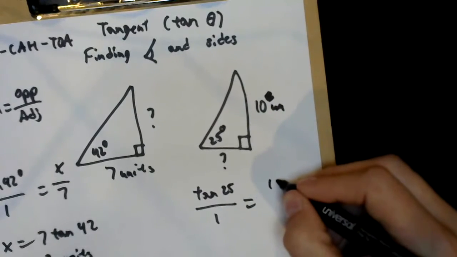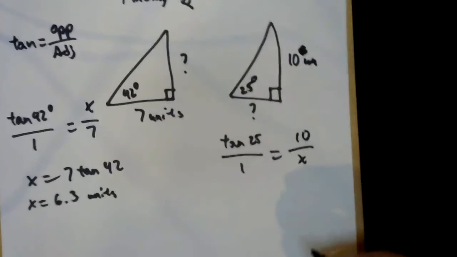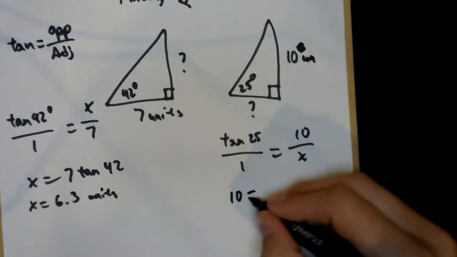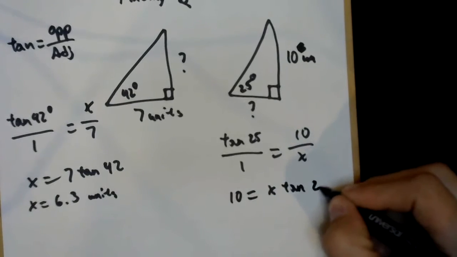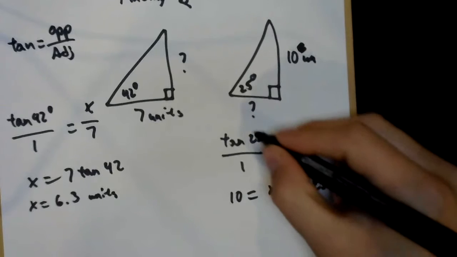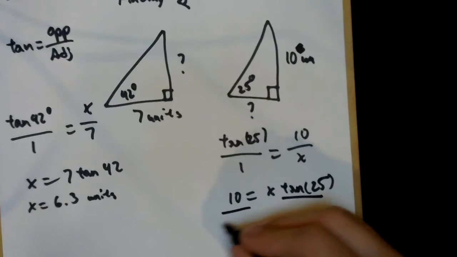So this is opposite over x. Then you cross multiply and say 10 equals x tangent of 25. This is all in parentheses, of course. Then you divide by tangent of 25.